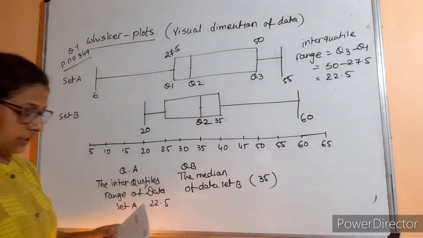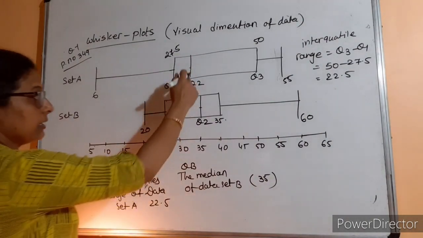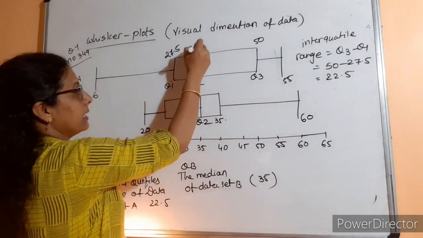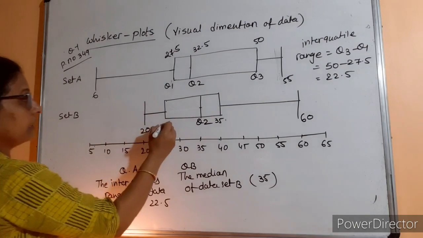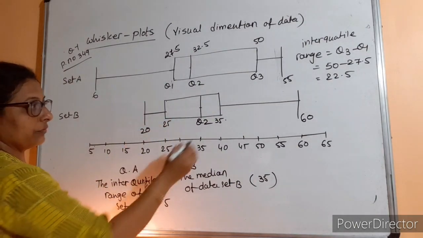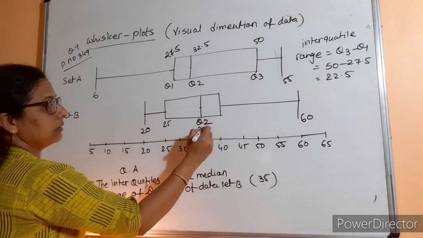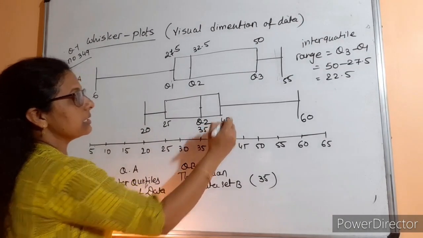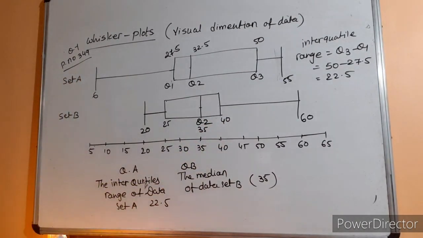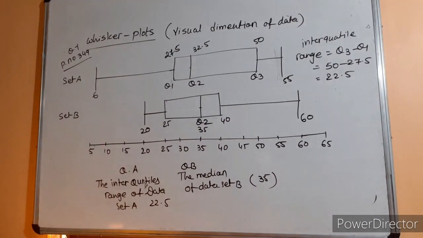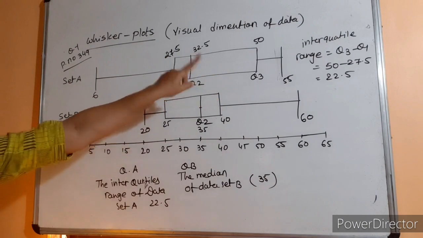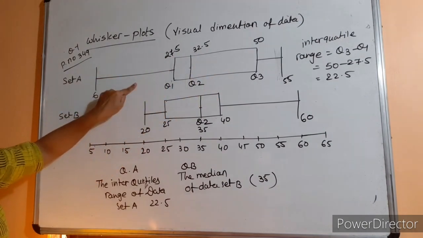Yes, Q2 is between. So can I take that as 32.5 or else? Right? Here is 25, this is 35, this is 40. So we can find like this, whatever data is given. Right? Okay. And then the interquartile range is Q3 minus Q1 for quantity A.